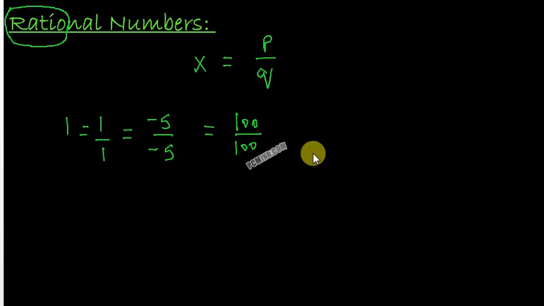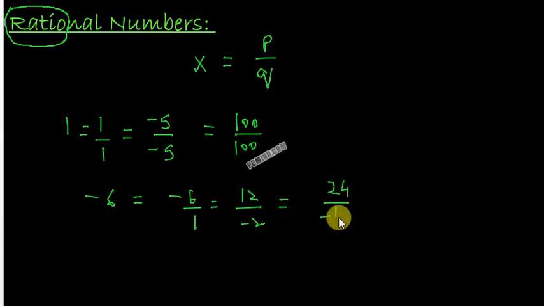All integers, you can express them as rational numbers. Like we can also check for a negative integer. So I have minus 6. I can write it as minus 6 upon 1, or 12 upon minus 2, or 24 upon minus 4. Every time you are going to get minus 6.